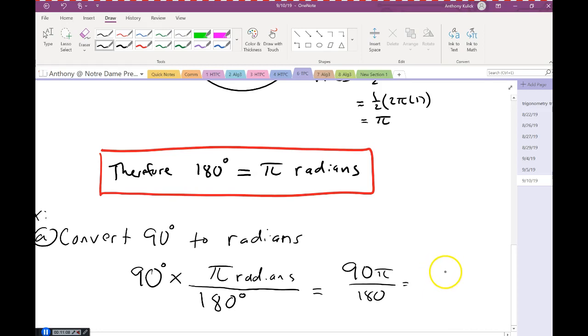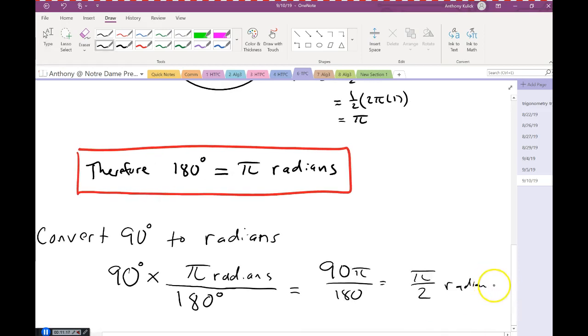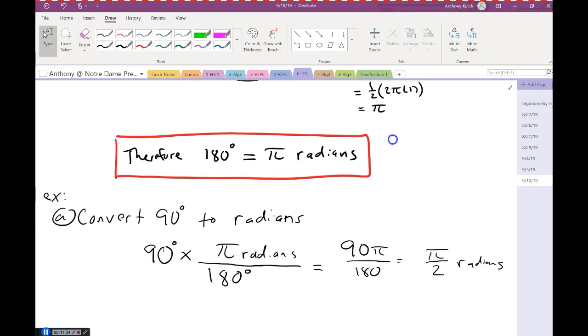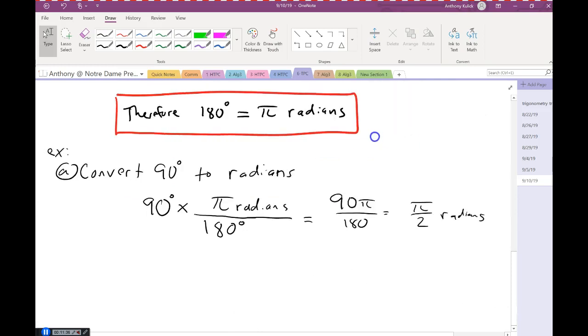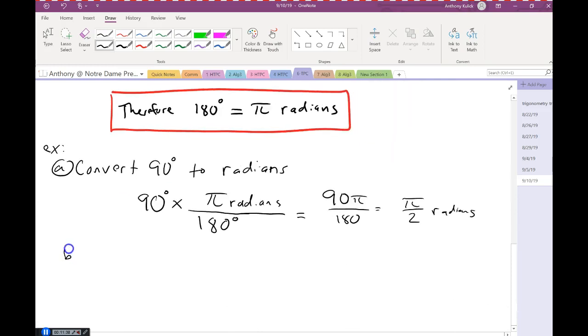What does 90 over 180 reduce to? 1/2. So I will write that that is equal to pi over 2 radians. We okay with that one? Let's do another.